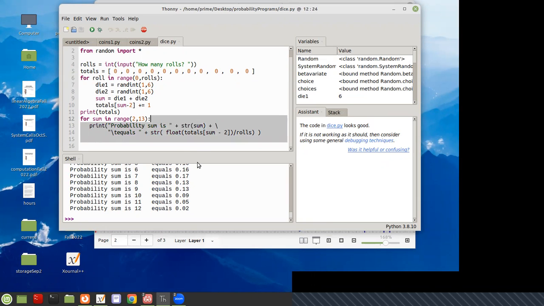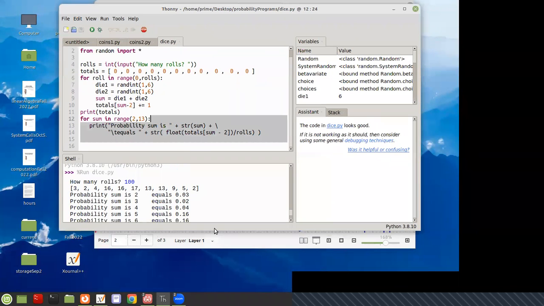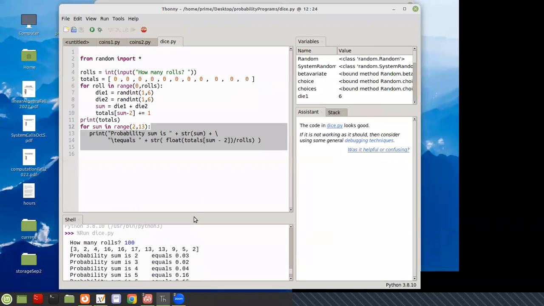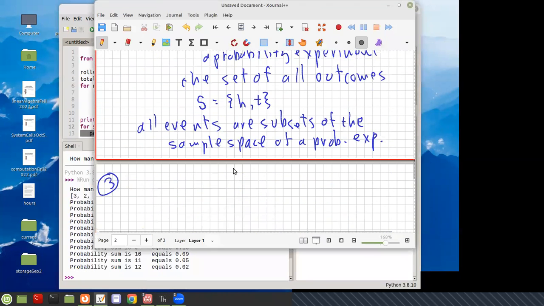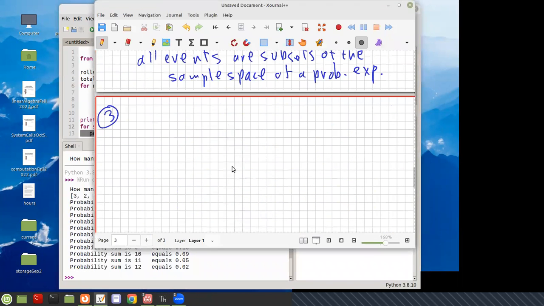Now, the probability experiment here, let me make this larger, was not just what's the probability of 1 through 6. Let me go back here and show you what the probability experiment is. Let's say our probability experiment is to roll 2 dice.